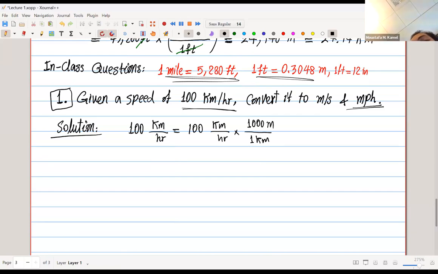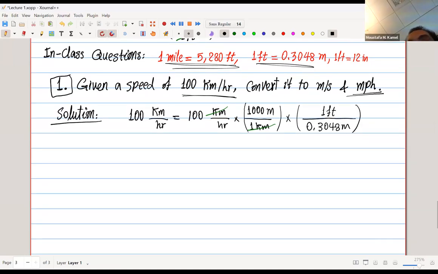So the kilometers cancel. And I will be left with meters per hour. Then I also want to cancel the meters. So I will have meters in the denominator. 0.3048 meters. And those are equivalent to 1 foot.